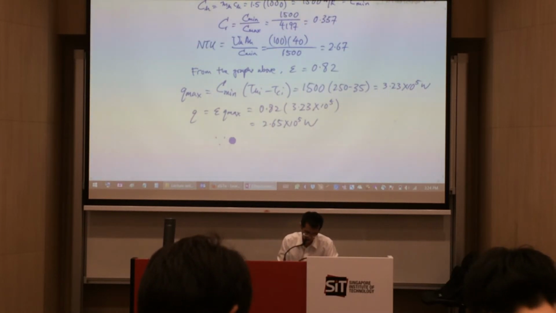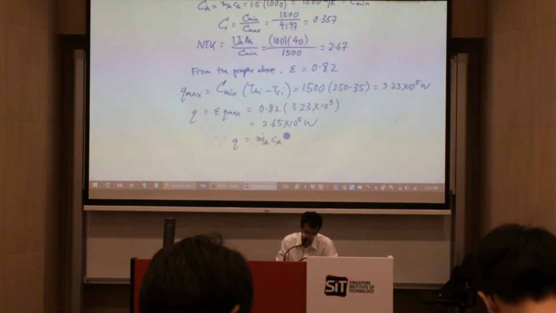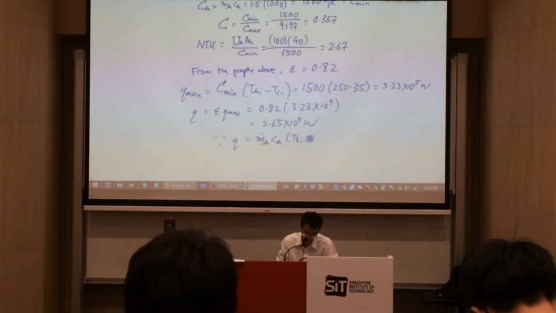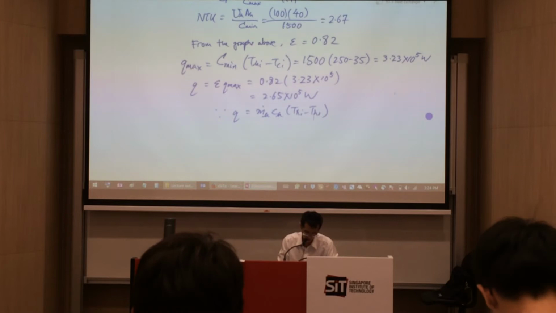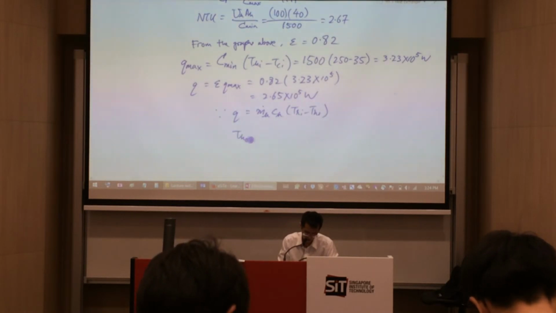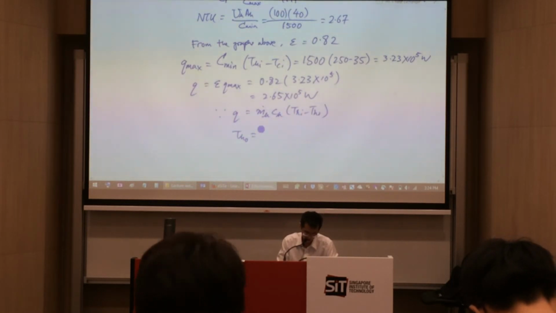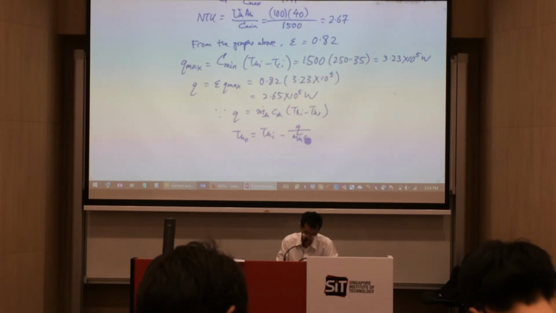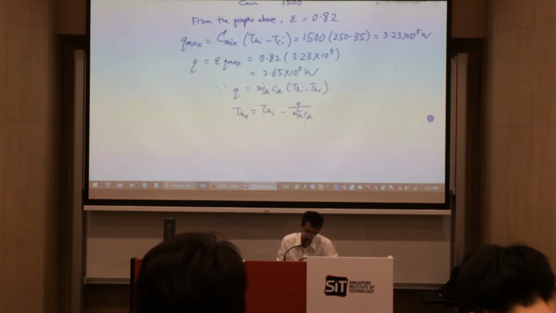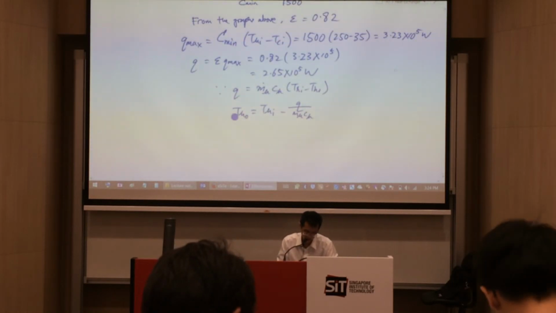So because Q is also equal to mass flow rate for a hot fluid, specific heat capacity, THI minus TH naught, I could readjust that formula to get me the TH naught as a subject. That will be equal to THI minus Q divided by m dot HCH, because I'm after the outlet temperature.